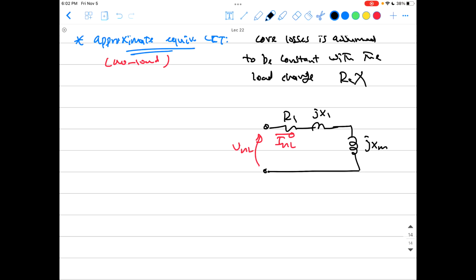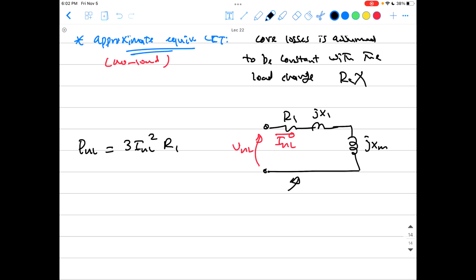So now we can deal with the circuit. Again, we'll look at P no load from the circuit. That circuit here doesn't have but one resistance, which is R1, yeah? So P no load will equal 3 I no load squared times R1 from the circuit, yeah?